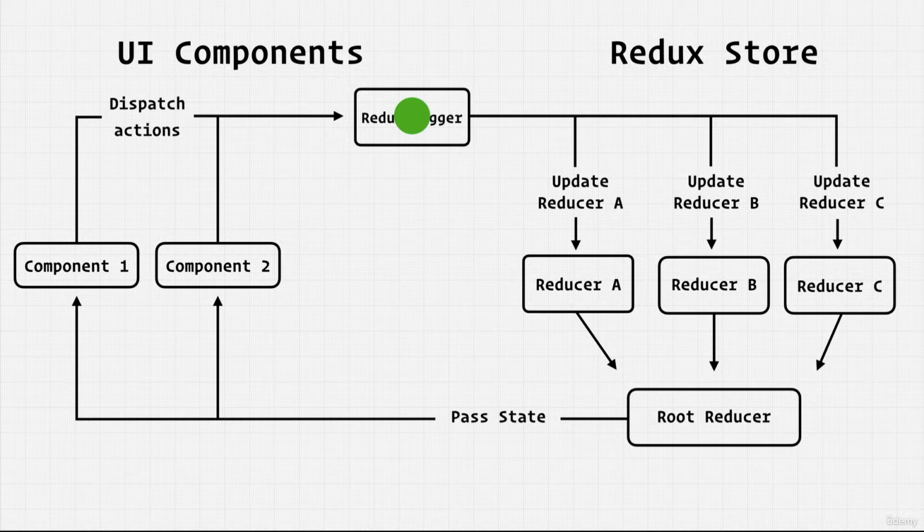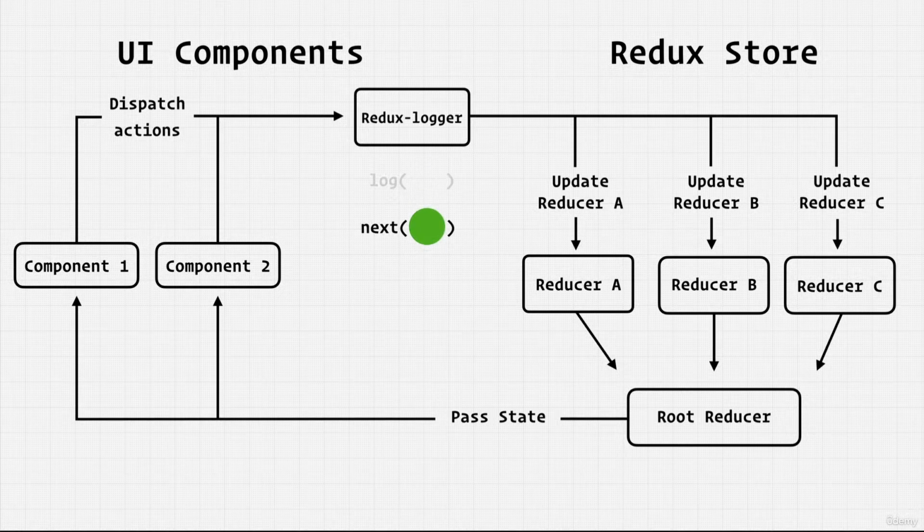And just like any middleware, it's going to go through a sequence of steps. The first thing that it's going to do is perform some logic with the action. In this particular case, it's going to log that action in that format that we saw. Then it's going to call next.